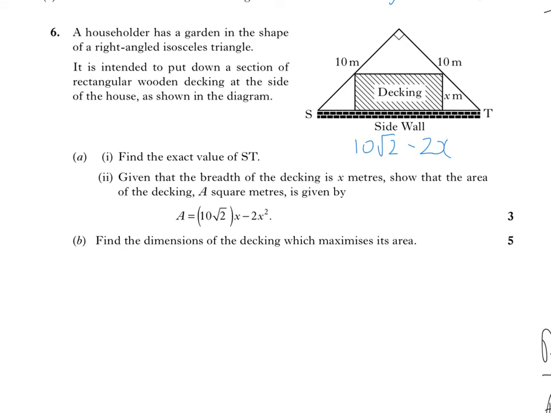The question then asks me to find the dimensions of the decking which maximises its area. We've proved the maximising of the area at 5 root 2 over 2 for x, so the dimensions of the decking are the length and its breadth. So for the breadth, that's pretty straightforward, that's just given by x, which we've calculated to be 5 root 2 over 2 to give the maximum.